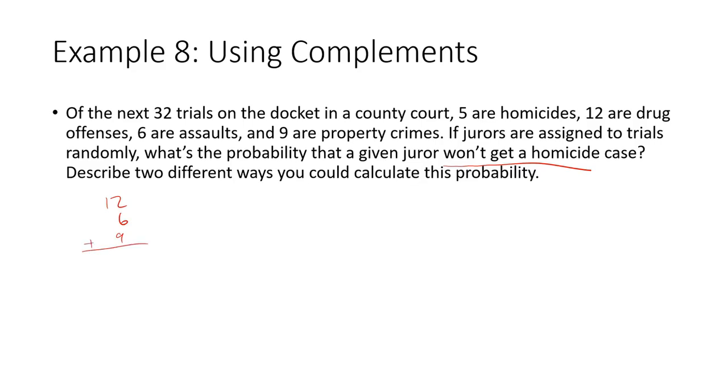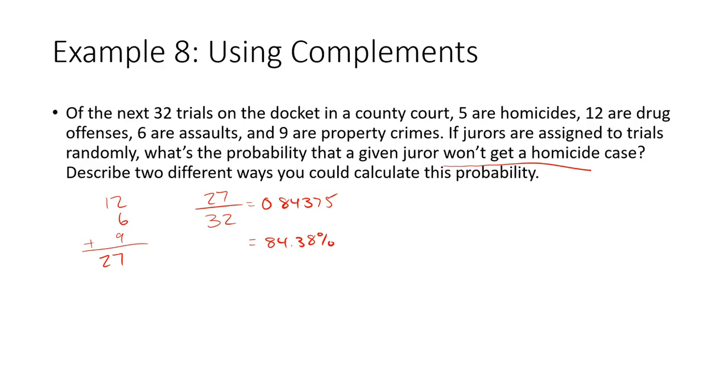If we add all of those up, we find that there are 27 other types of cases. 27 that aren't homicides divided by 32 will give us the probability of randomly choosing one of the cases that aren't homicides, or 0.84375, or about 84.38%.